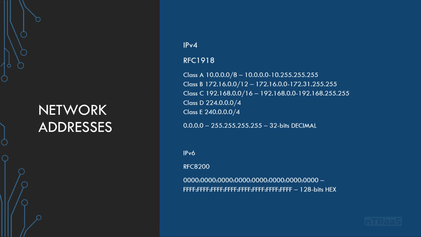On the right-hand side here, you'll see where the IP addresses live. 10.0.0.0 through 10.255.255.255, 172.16.0.0 through 172.31.255.255, and 192.168.0.0 through 192.168.255.255.